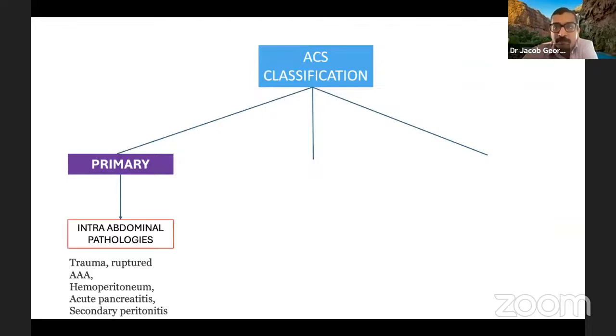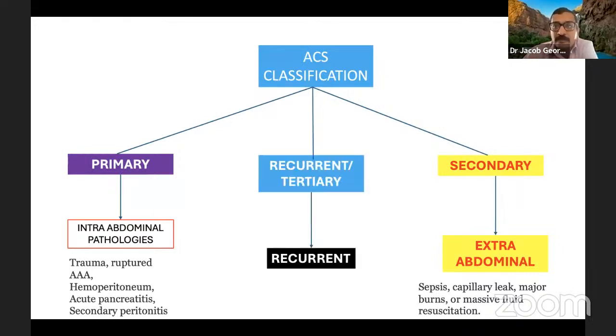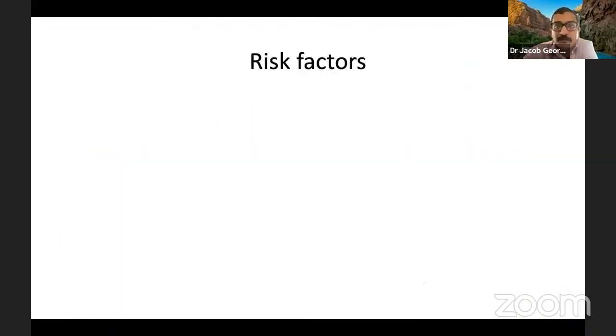It can be because of a bleed, a ruptured abdominal aortic aneurysm, trauma, peritonitis, pancreatitis, ascites, etc. Or you can have secondary, where the cause of intra-abdominal hypertension is increased fluid resuscitation or increased capillary leak. That is usually seen in sepsis, burns, etc. And whether it is primary or secondary, if you have it coming on repeatedly, it is called recurrent or tertiary abdominal compartment syndrome.